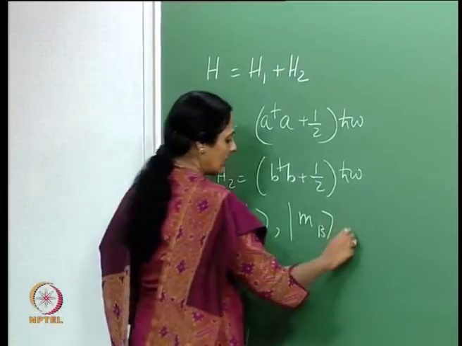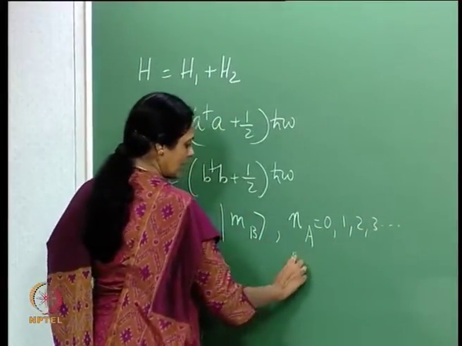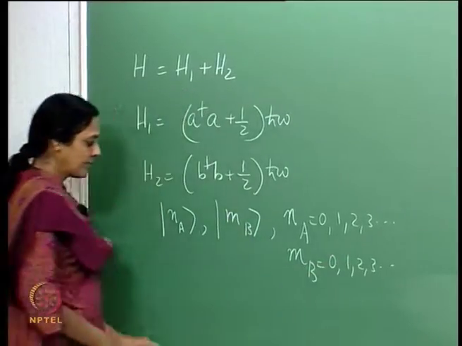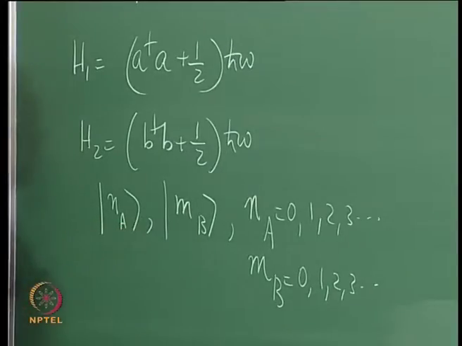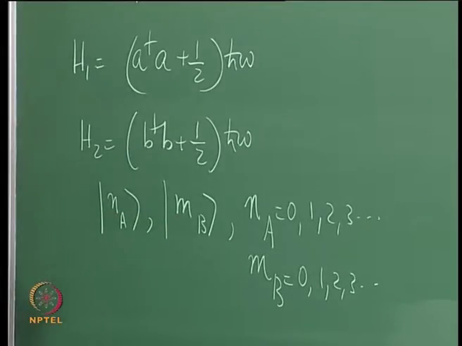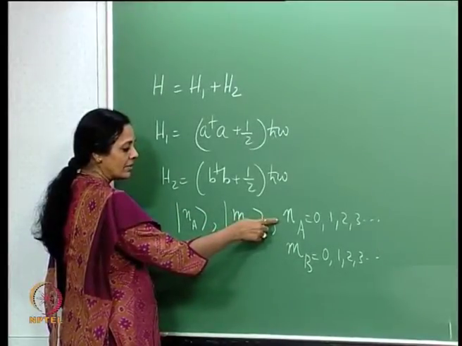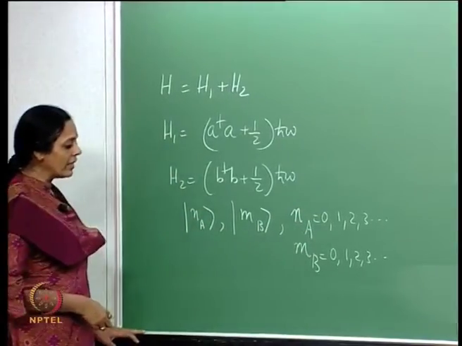Represent the states this way, where n sub A can take values 0, 1, 2, 3 and so on, and m sub B can take values 0, 1, 2, 3 and so on. I reiterate that A and B are simply used as subscripts to show that these are the labels corresponding to one of the oscillators and these are the labels corresponding to the second of the oscillators. And since the energy eigenstate labels take value 0, 1, 2, 3, I have these values for n sub A and m sub B.